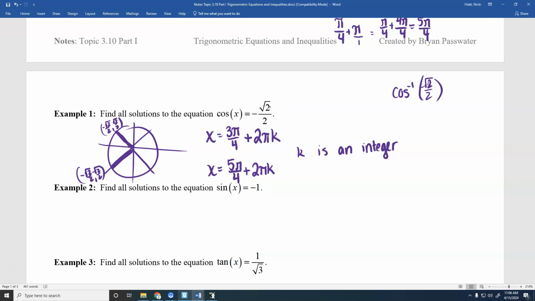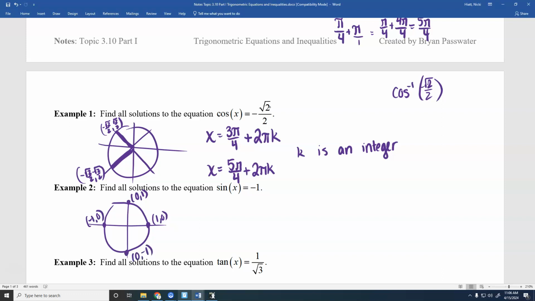Okay? If I look at example 2, it says find all the solutions where sine x equals negative 1. So we're thinking on our unit circle. Here's 1, 0, 0, 1. Here's our negative 1, 0, and our 0, negative 1.